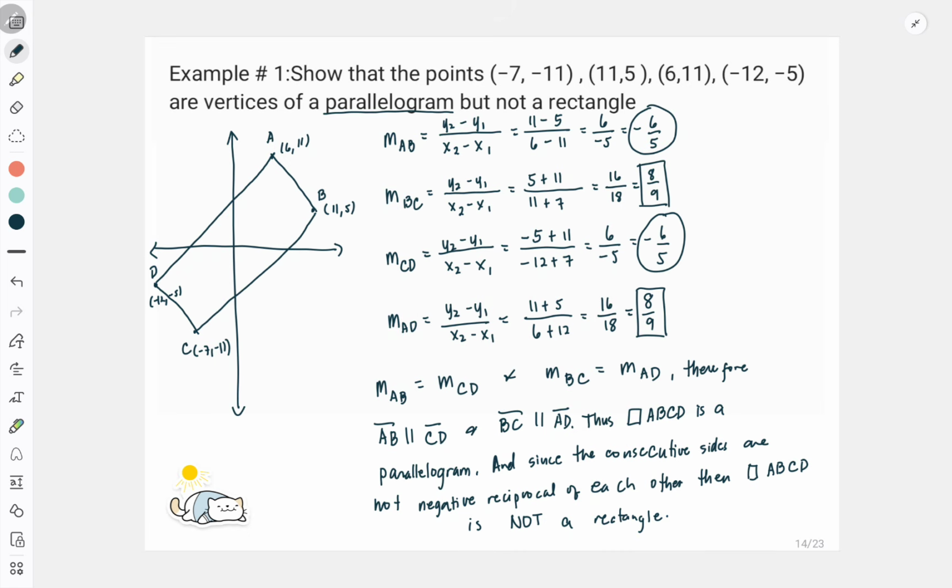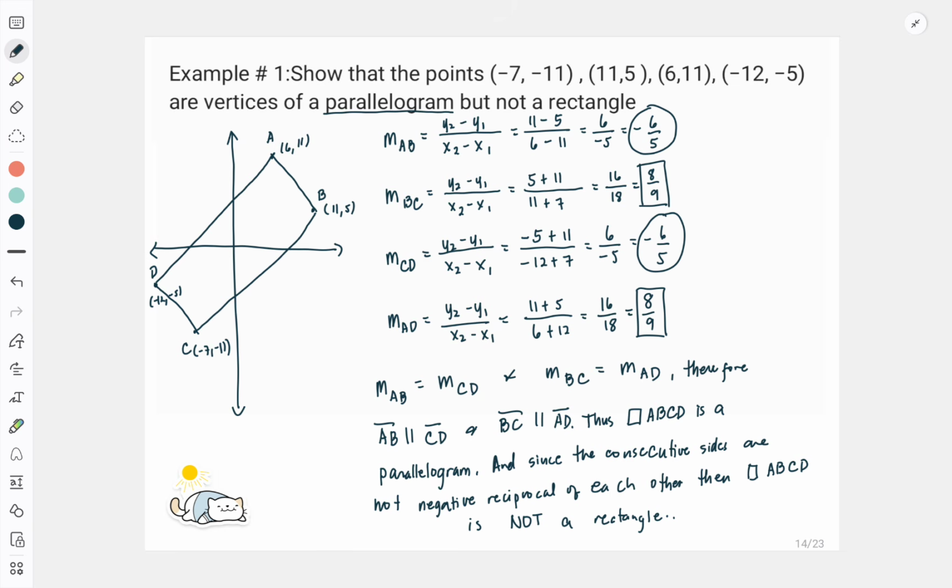Okay? So, meaning, just by looking at its slope, we can already prove that it is a parallelogram and not a rectangle.